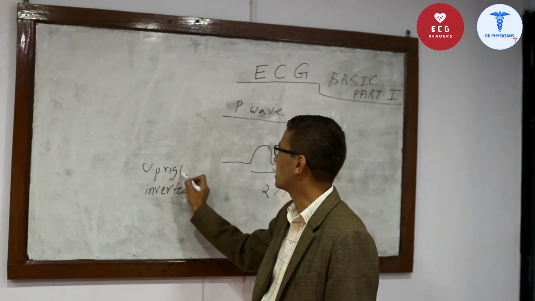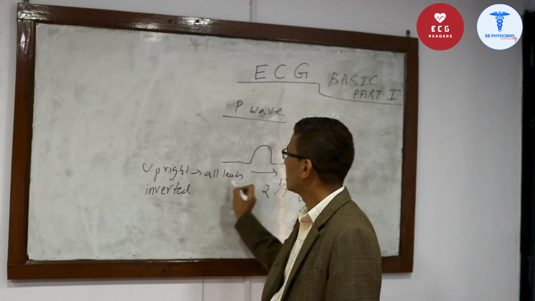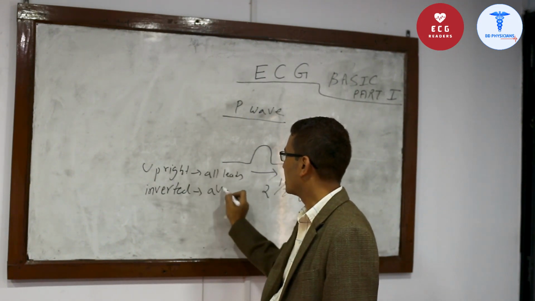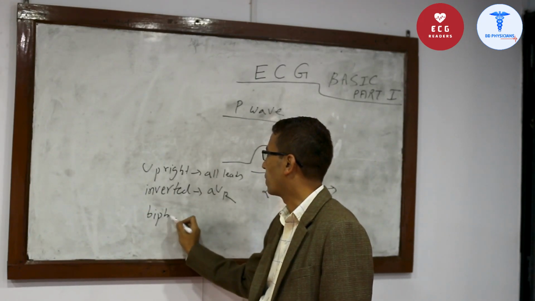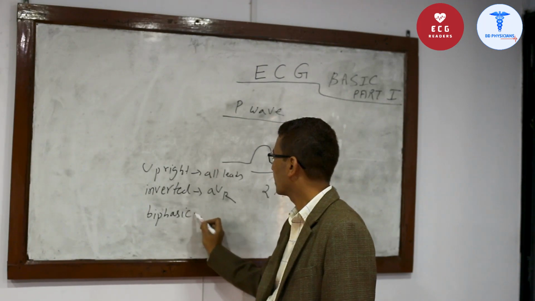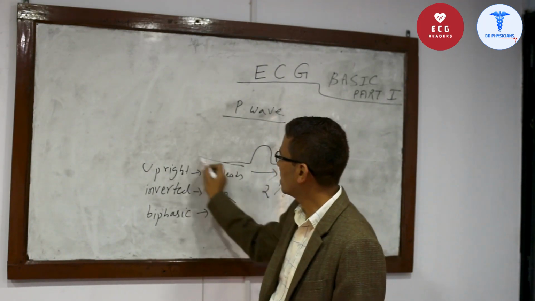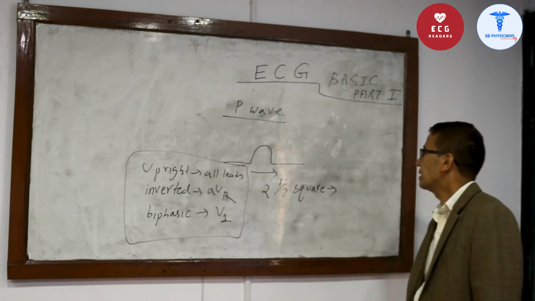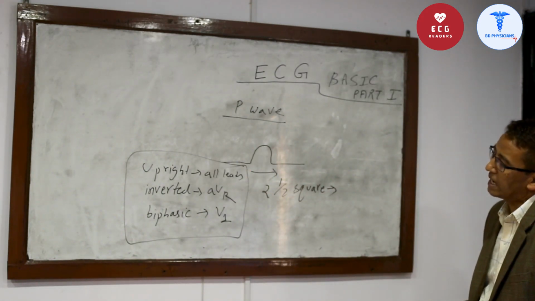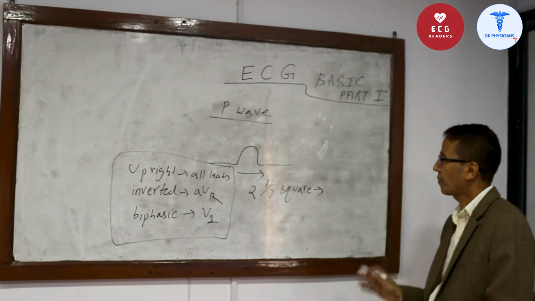It is upright in all leads except normally it is inverted in aVR, and it is biphasic in V1. This is the normal P wave.